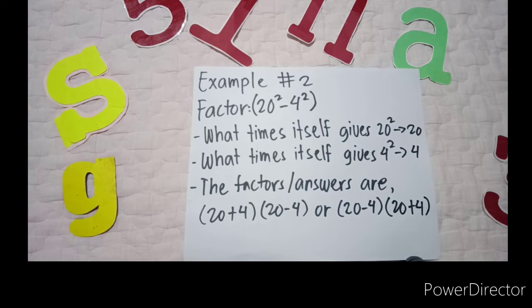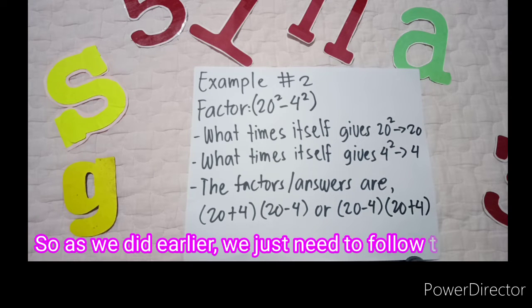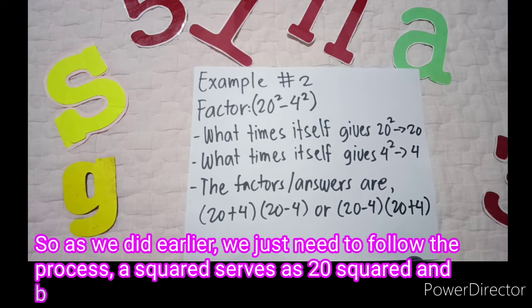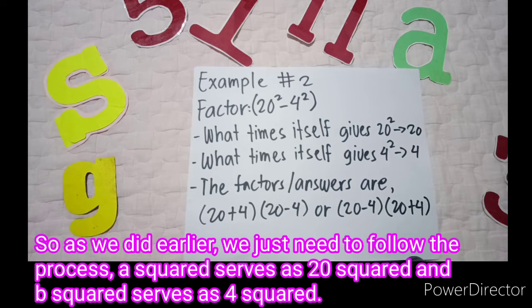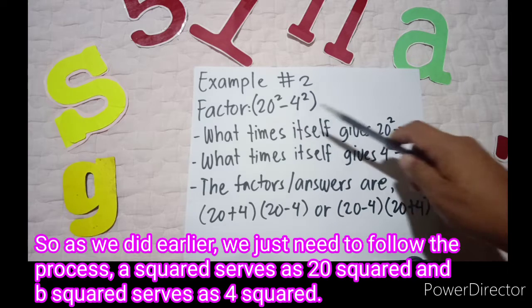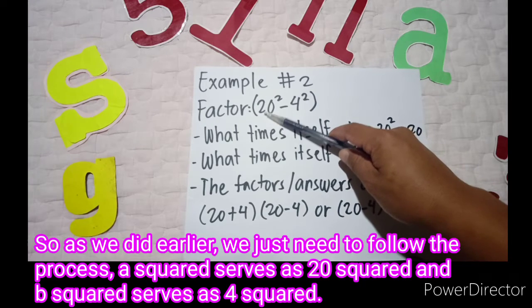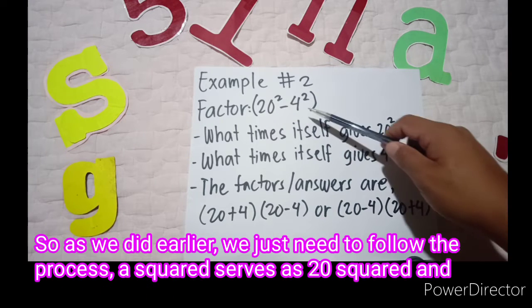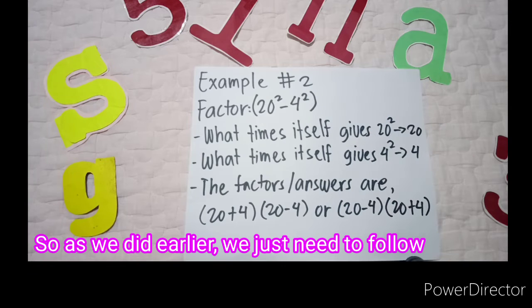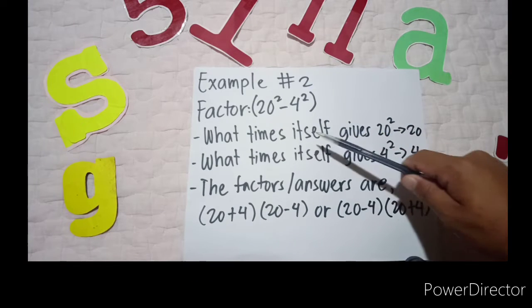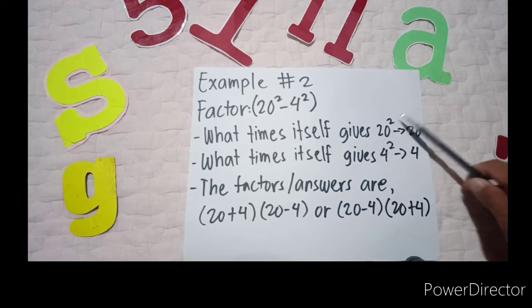Example number 2. Factor 20 squared minus 4 squared. As we did earlier, we just need to follow the process. a squared serves as 20 squared and b squared serves as 4 squared. So what times itself gives 20 squared?